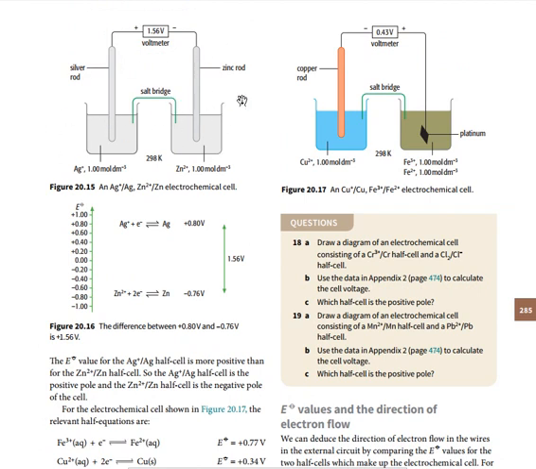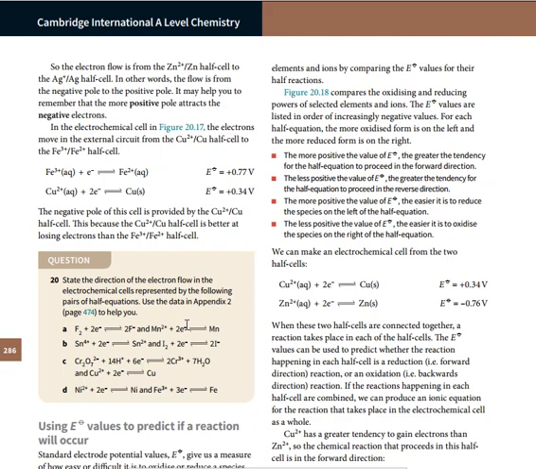Let's say that the EMF of this side has a certain value, like in the case of silver ion, plus 0.8, and we take this one. So it's always the EMF of the right hand side minus the EMF of the left hand side. Usually that's how we do it. But when you do that, you should always make sure that the EMF is positive. So this is a point.